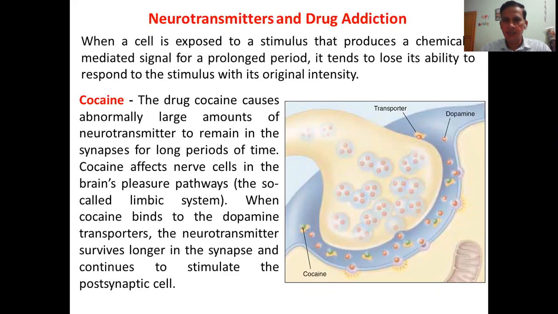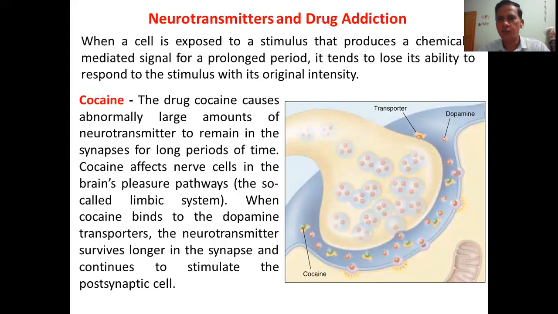However, when cocaine is taken, it binds to the transporter proteins. Now the transport proteins are unable to bind to dopamine, and dopamine exerts its effect on the postsynaptic neuron for a longer duration. So because of the uptake of cocaine, the person has a feeling of pleasure.